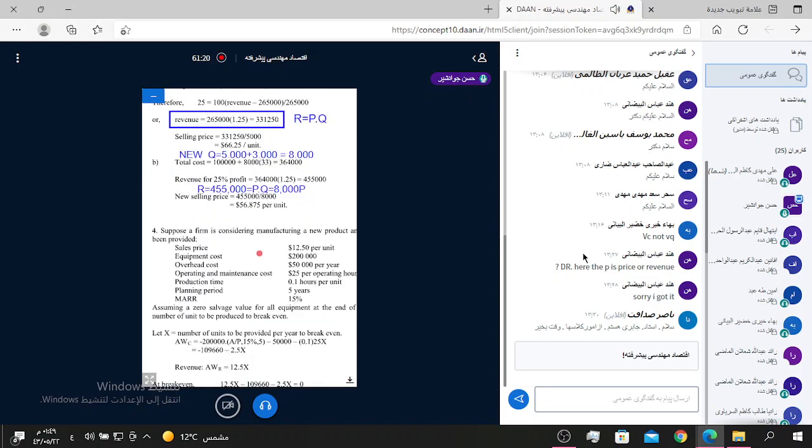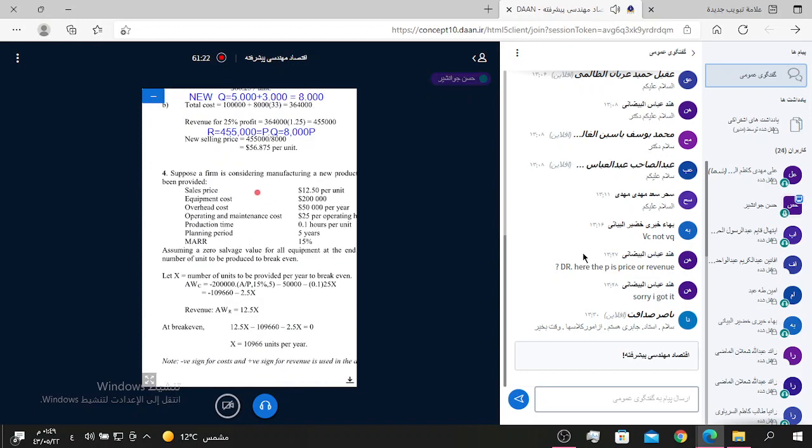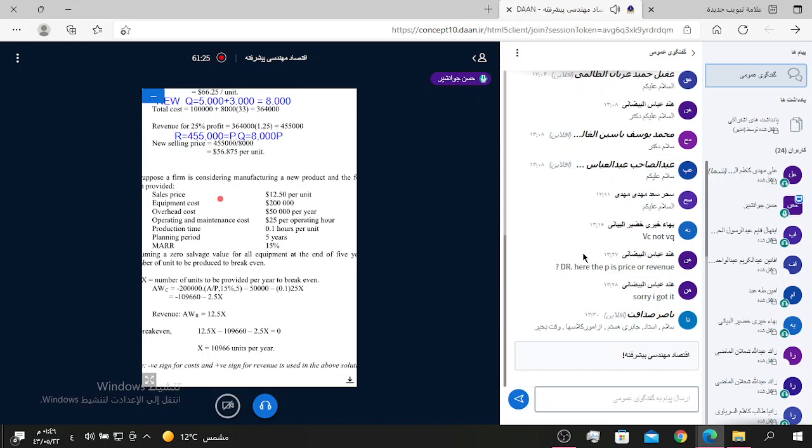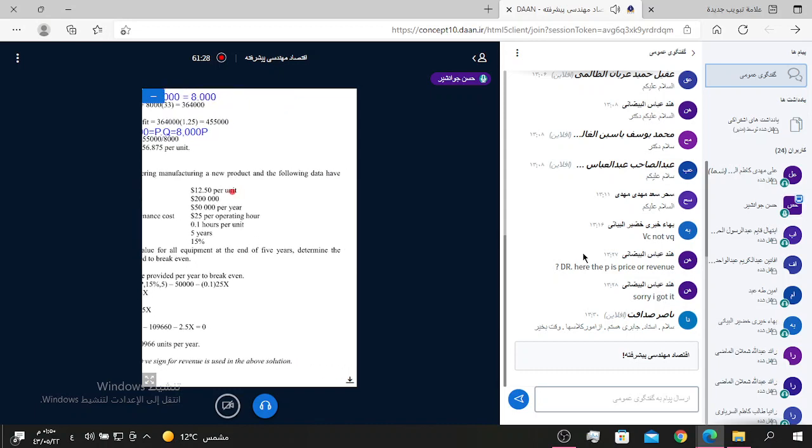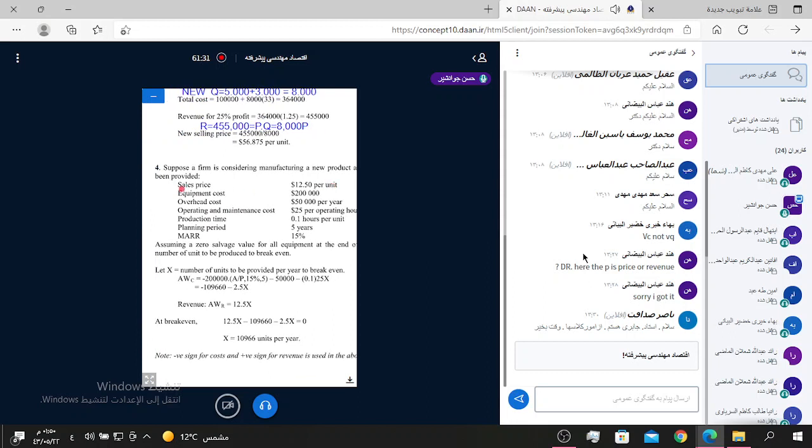In example 4, suppose a firm is considering manufacturing a new product and the following data have been provided: sales price P, equipment cost, overhead cost per year, operating and maintenance cost, productive time, planning period, MARR.